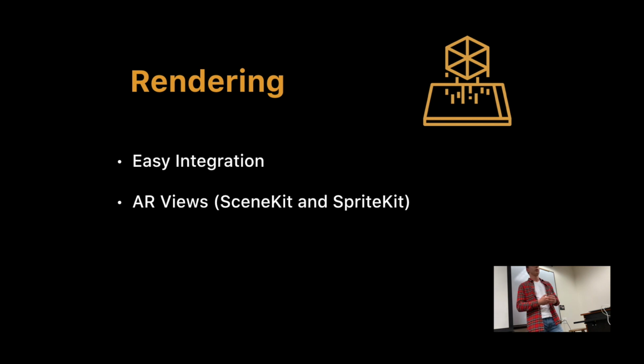To place your virtual content into the UI of your app, ARKit provides AR views, so that's ARSCNView and ARSKView, so that you can use the same syntax that you would use in your SceneKit projects. And of course, you can do custom rendering as well, but that's more advanced, and there is a separate Metal template in Xcode if you want to go into that.